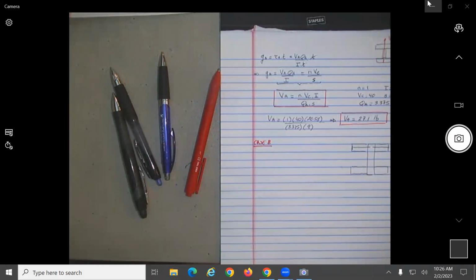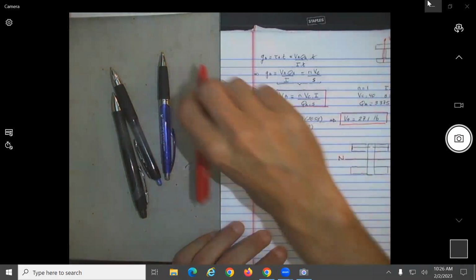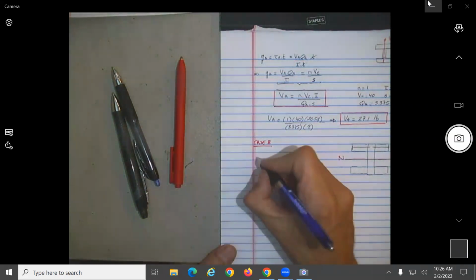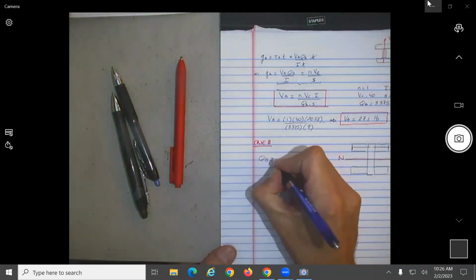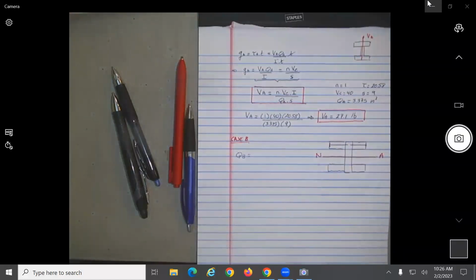Okay, so now comes the problem for this one. It was a bit more difficult to determine. In other words, what would be Q sub B? I doesn't change, no?